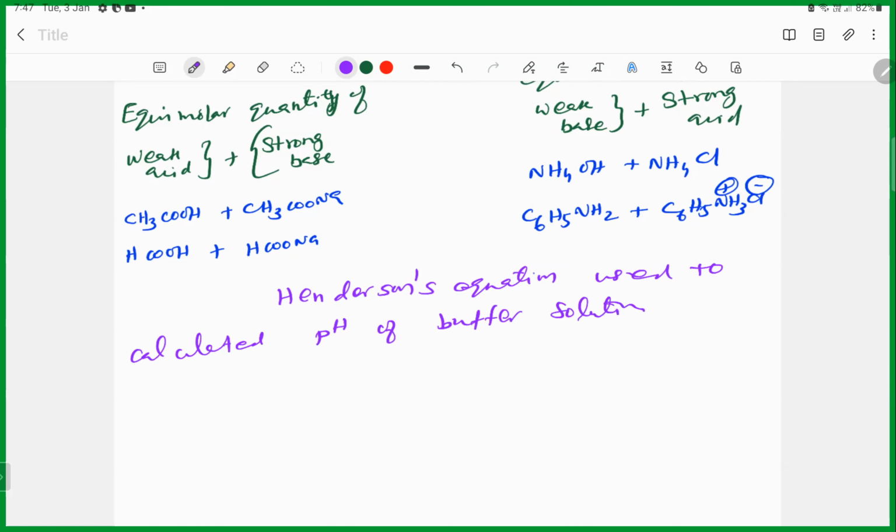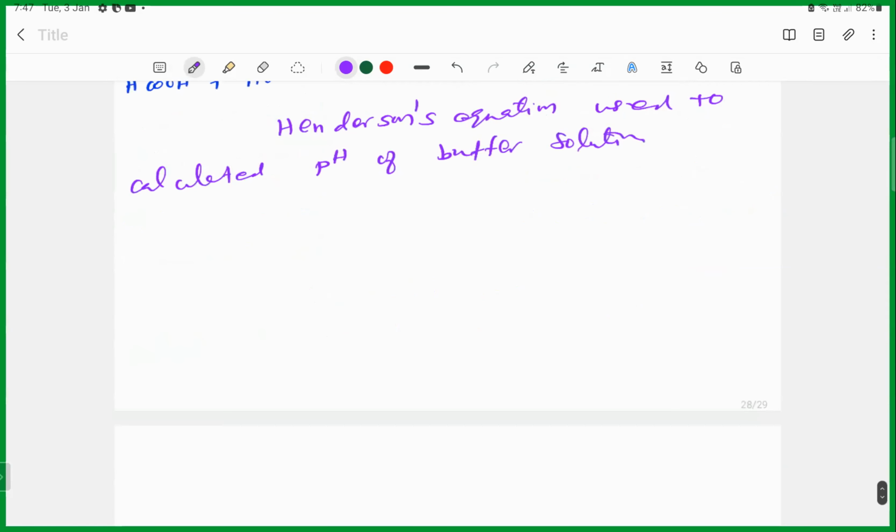When you take a weak acid, I will call it HA. When you put it into water, what will happen? It will become H3O plus and A minus. Since it is an acid, it dissociates like that.